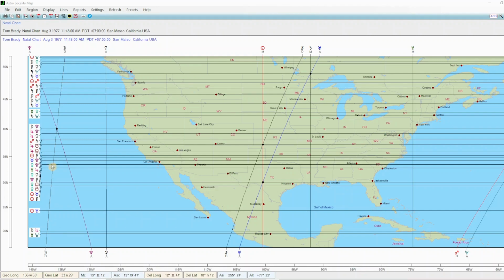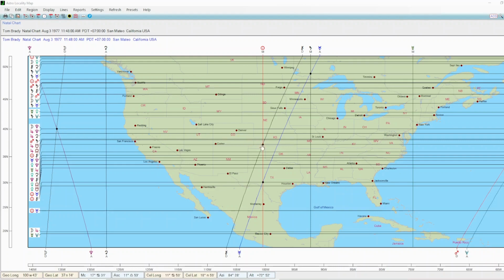Depending on how far north or south you are above the equator determines where the ascendant and descendant actually occur. That's why they are curved. So right here at this coordinate, if we pulled up a relocation chart in the Pacific Ocean, Pluto would be on the ascendant and Moon would be on the descendant.